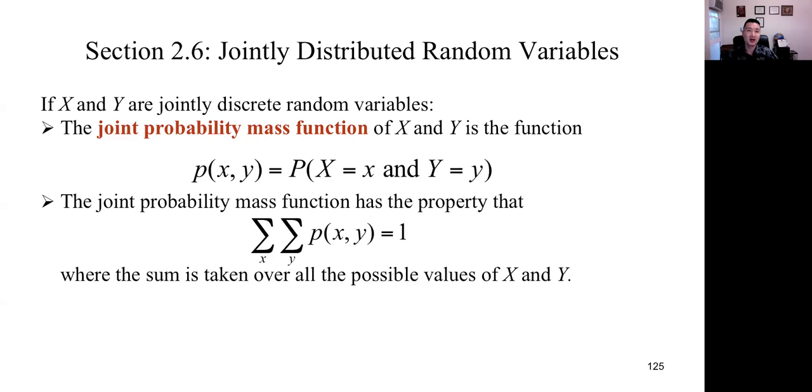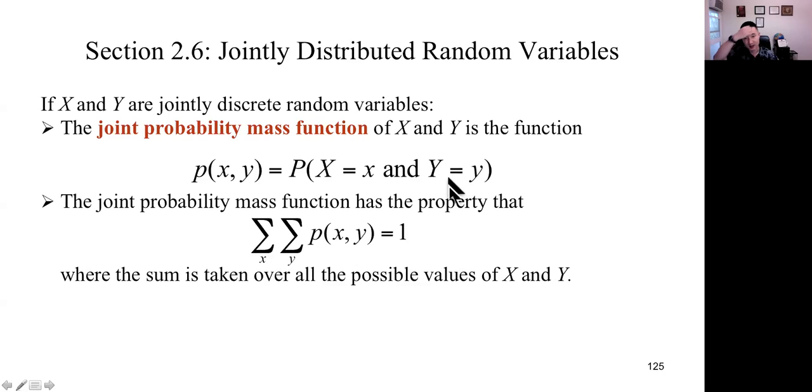Okay, so let's look at this. X and Y are jointly distributed random variables, and it has a joint probability mass function. Probability mass function is for discrete variables. When it has two variables, X and Y, then the joint PMF will be like this: Pxy equal to P(X equal to x, and Y equal to y).